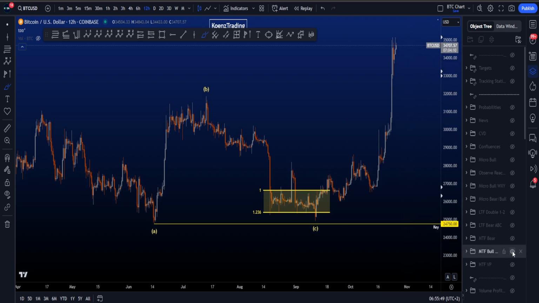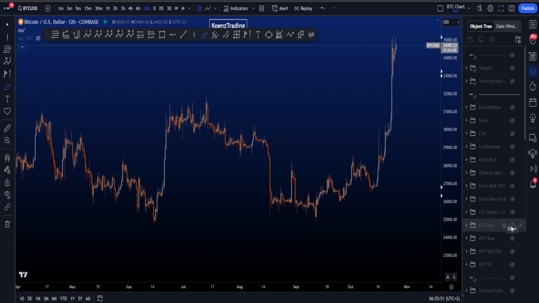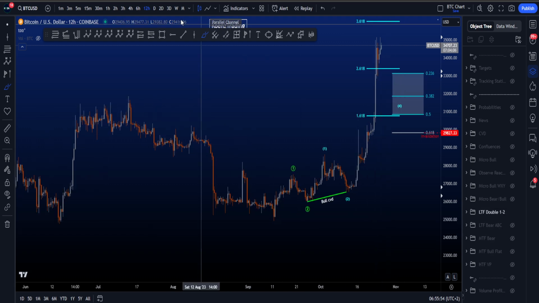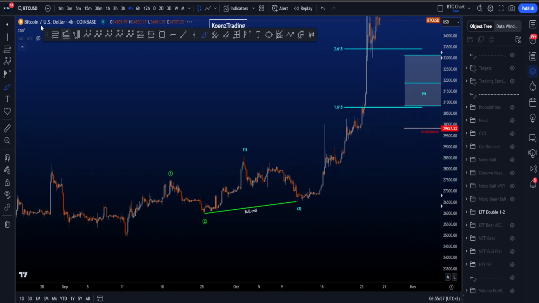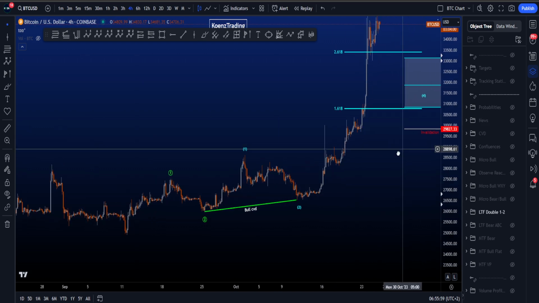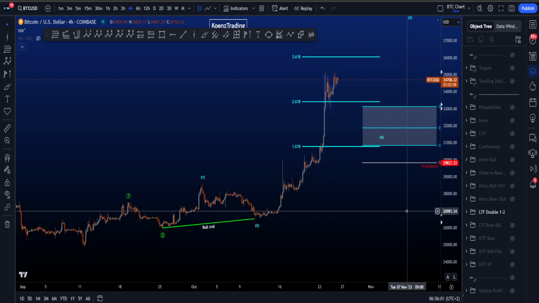In the bullish scenario, we are then looking for continuation in a double 1-2. So in this particular scenario, we have a wave 1 in green and a wave 1 in blue for then a bigger wave 3 towards the upside.